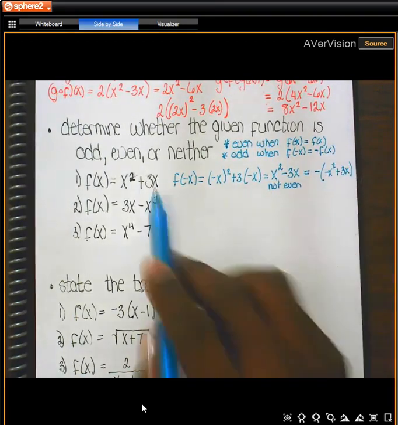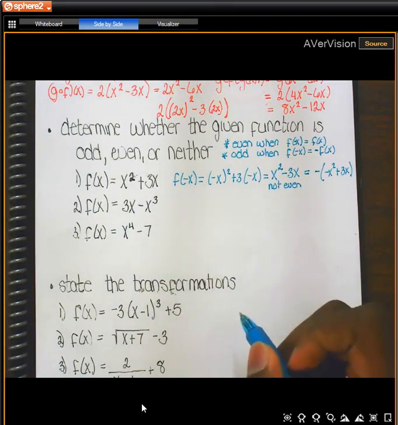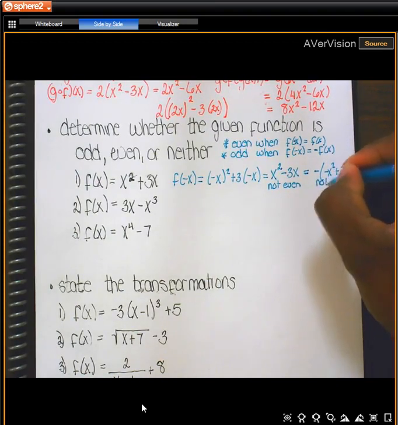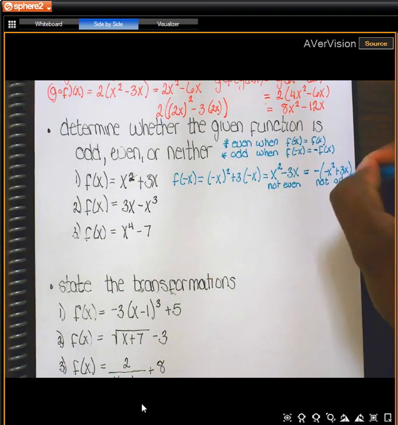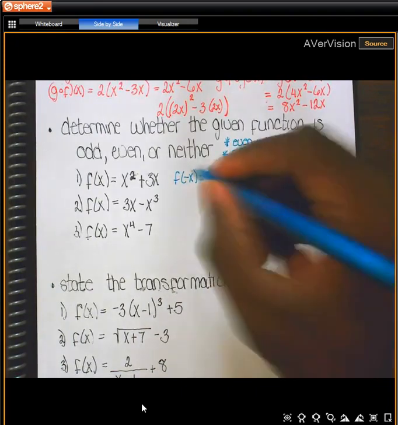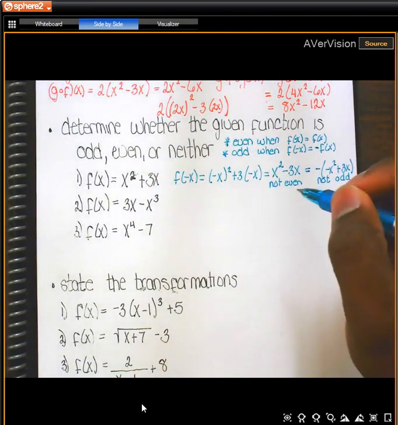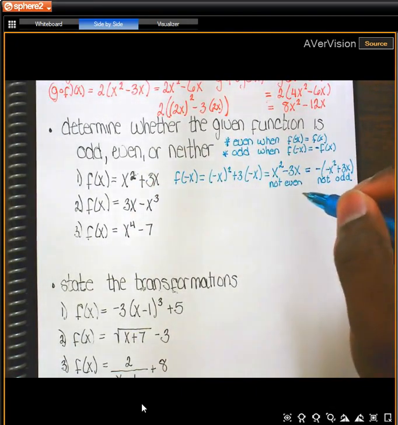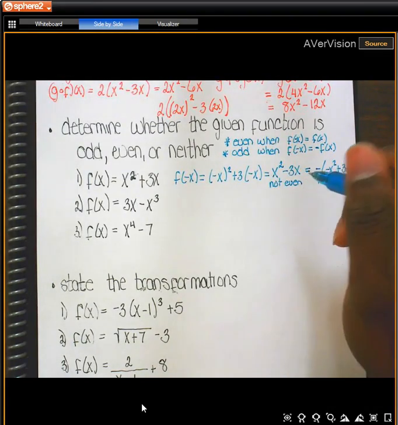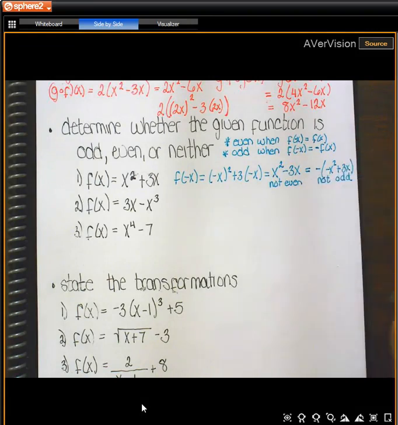Is the inside equal to that? No, so then it's not odd. So this one is neither. Any questions?